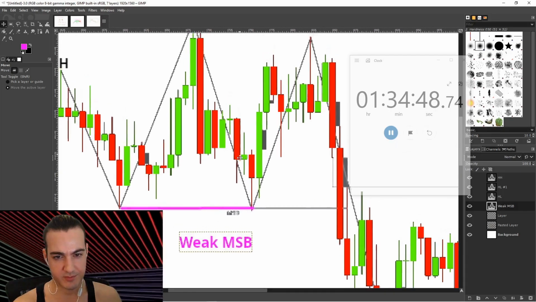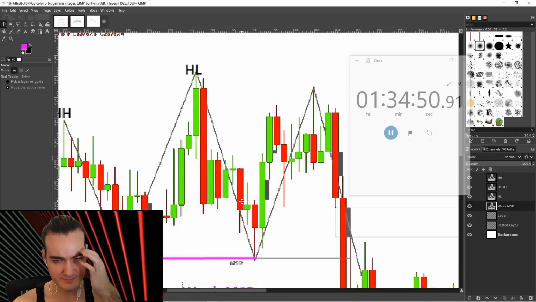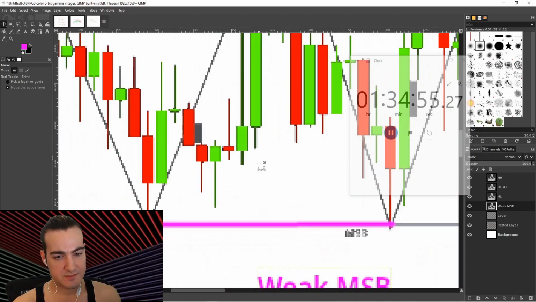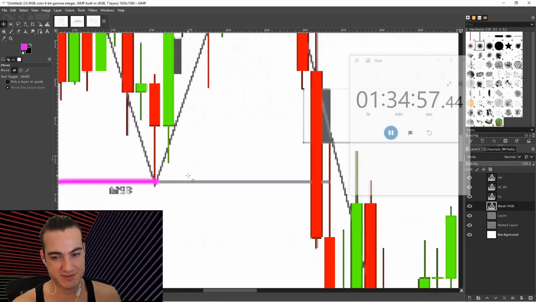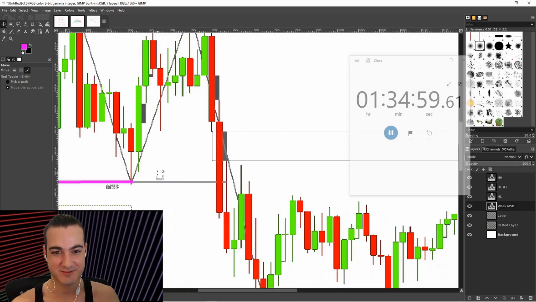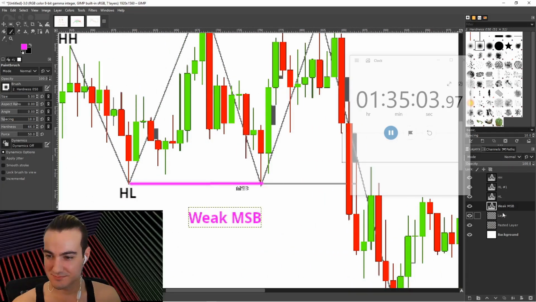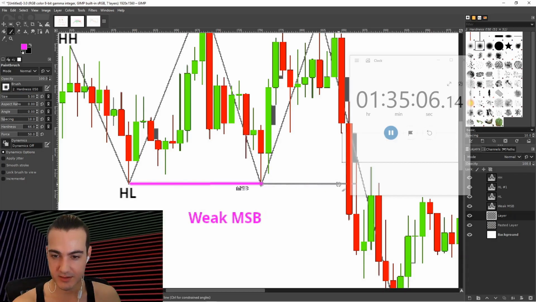Actually, this wouldn't be a weak market structure break if we assume the break occurs here, which it quite obviously does. Not to split hairs.